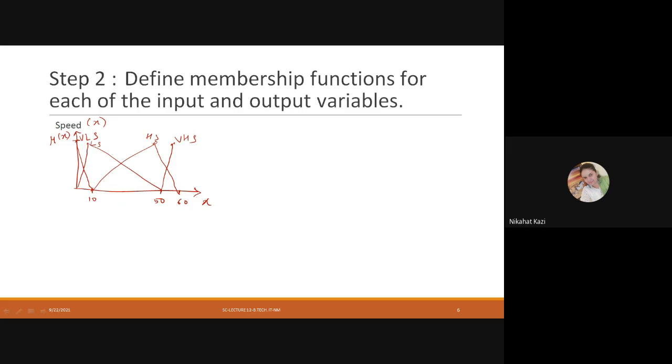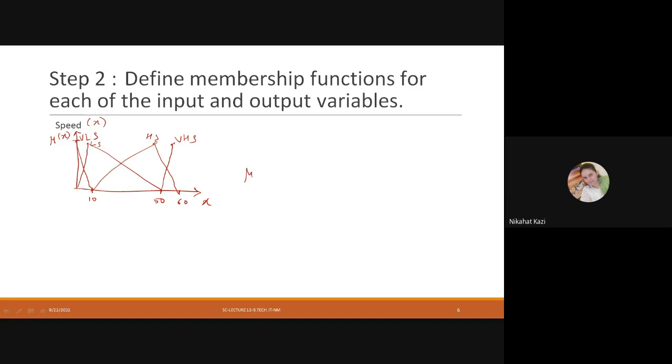So high speed and very high speed. By now you should be well versed with writing the functions for the variables. So for speed, again there are four different functions.